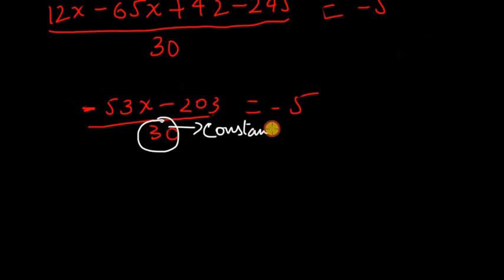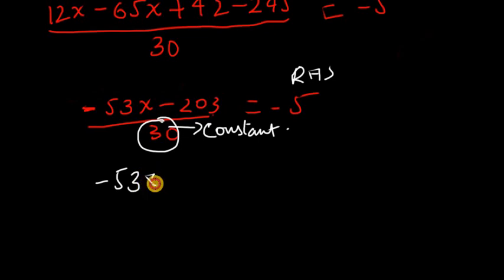It is a constant, so we have to shift this constant to the RHS. Here it is divided by 30, so that will convert to multiplied by 30.